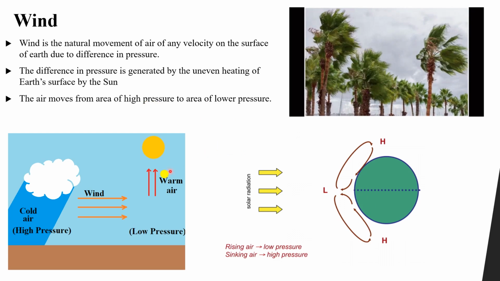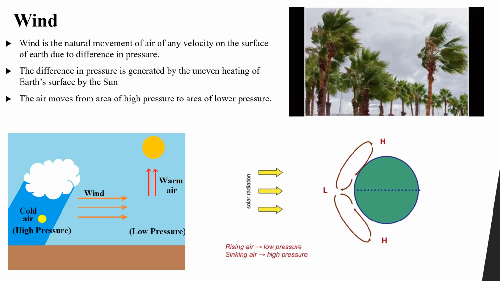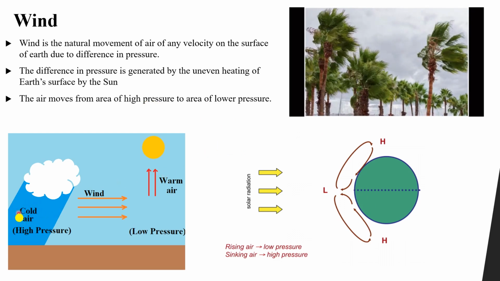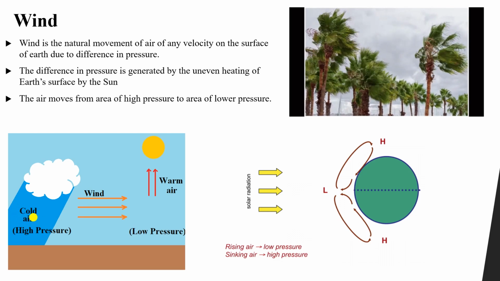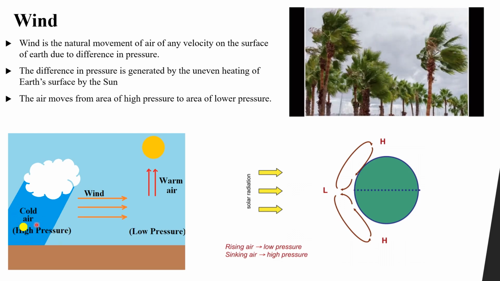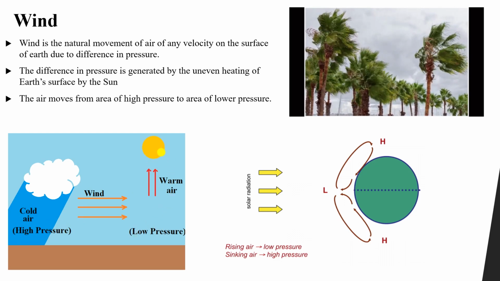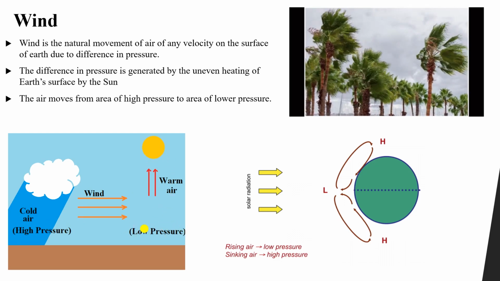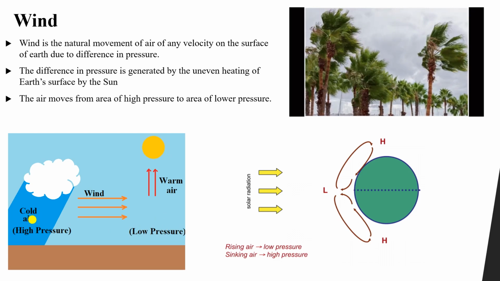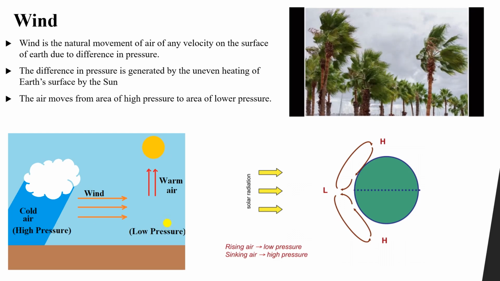Now, as you can see here, we have a cold area with cold air. It has high pressure. And we have here an area exposed to the sun with low pressure. So the air starts moving from the high pressure area, the cold area, into the warm area.